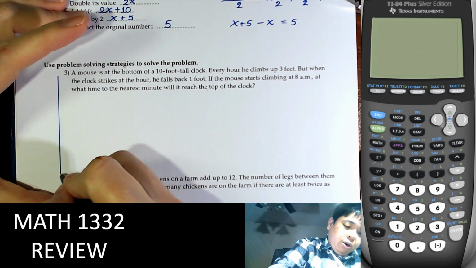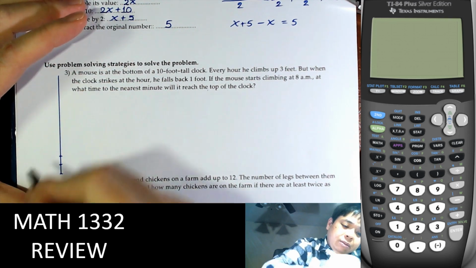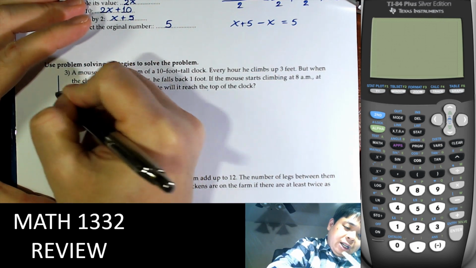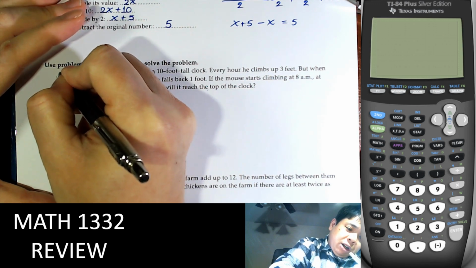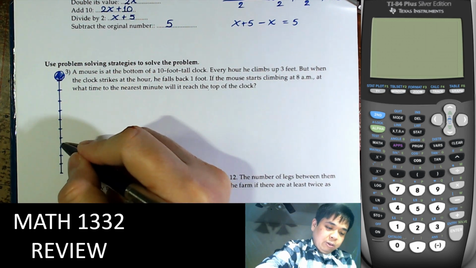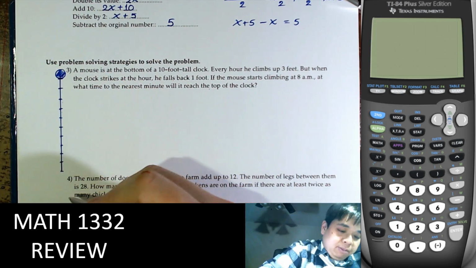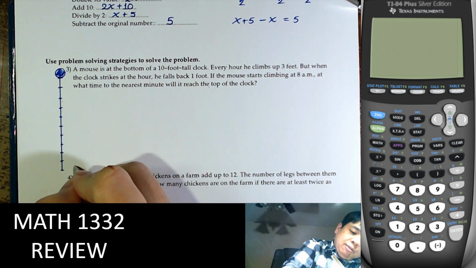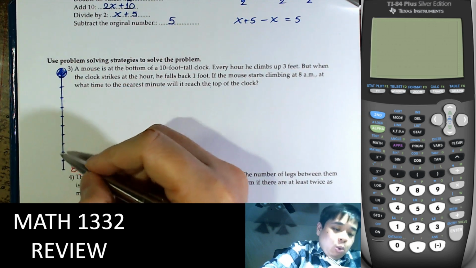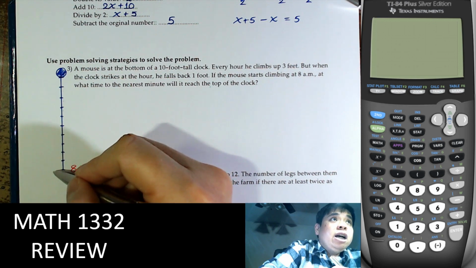So the 10-foot tall clock: 1, 2, 3, 4, 5, 6, 7, 8, 9, 10. So this is the top of the clock. Now we start at the bottom at 8 a.m. The mouse climbs 3 feet an hour, and when the clock strikes, he falls back 1 foot.